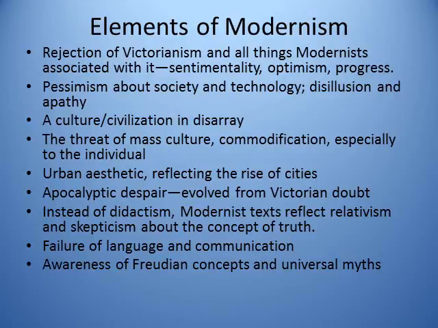A lot of modernist texts will also focus on language's failure to communicate effectively, or the ways in which language and communication break down. That's also a reason why you can't access any kind of central truth, because language can't communicate that perfectly. Also, by the time we have modernists like 1914 and so on, we've had the rise of Freud.